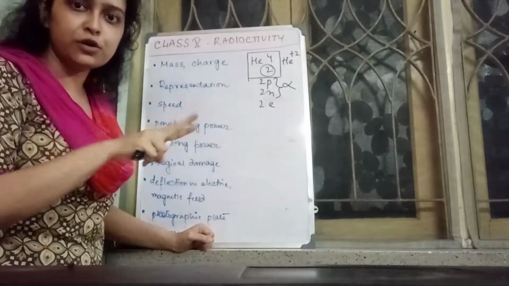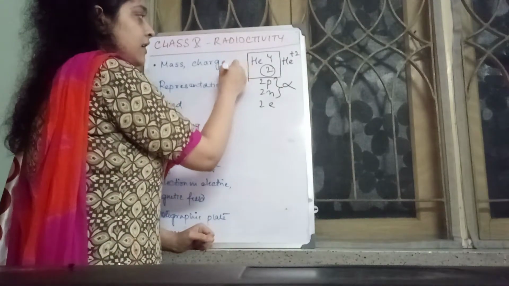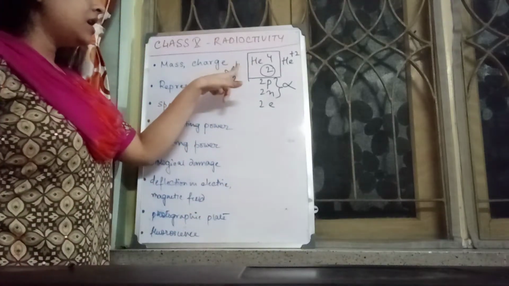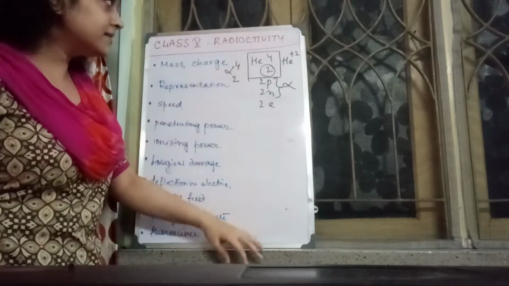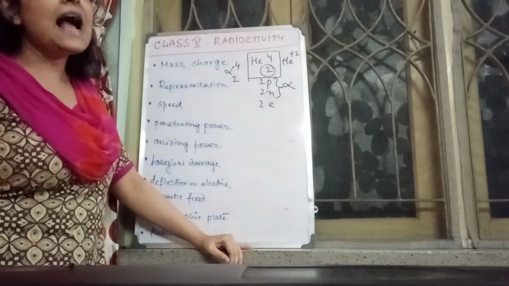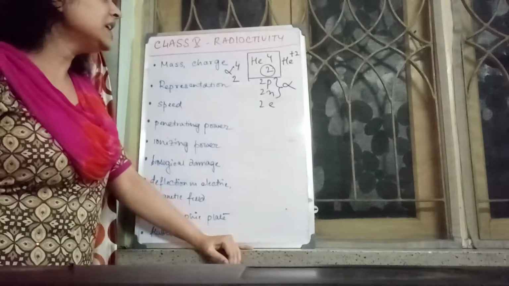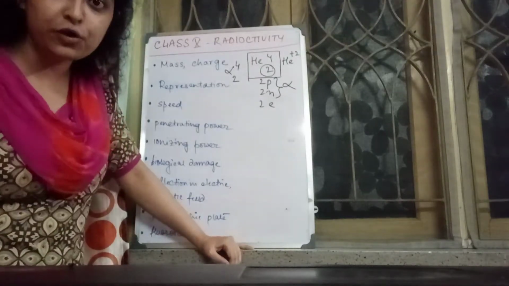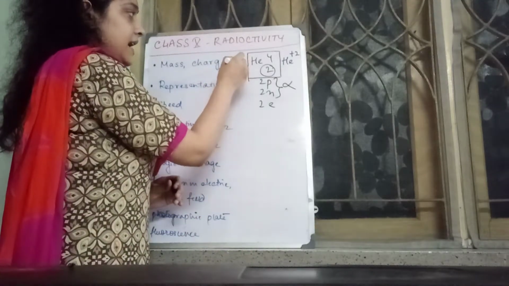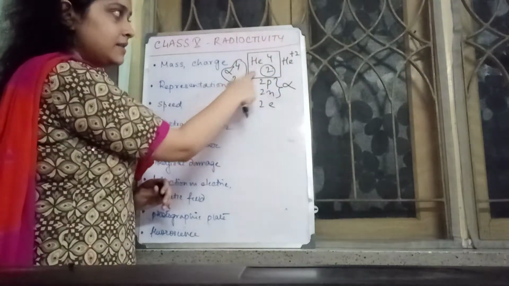So we are left with only 2 protons, 2 neutrons, that means an alpha particle. Alpha has a mass 4 times that of a proton and charge 2 times that of a proton. So it is represented either like this or this, meaning the nucleus of a helium atom.